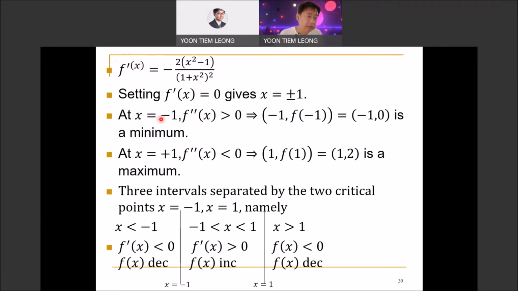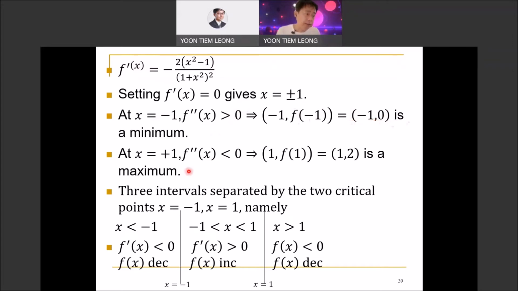Anyway, after you have obtained the function f double prime and slot in the value x equals minus 1, you will find that f double prime is a positive number. And when you slot in x equals minus 1, the value of the function at minus 1 is 0. Since f double prime is positive, this critical point at minus 1 and 0 is a local minimum.